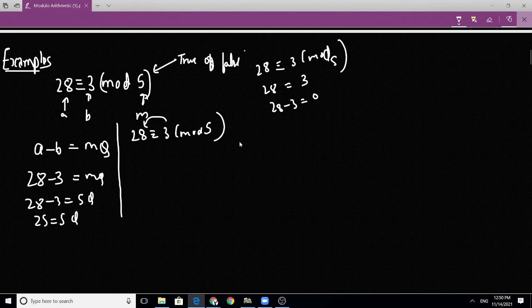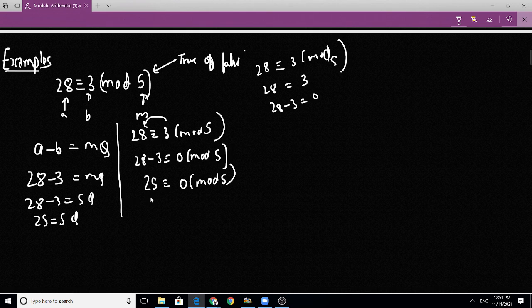So you get 28 minus 3 congruent to 0 modulo 5. 25 congruent to 0 mod 5, which is true because 5 divides 25.